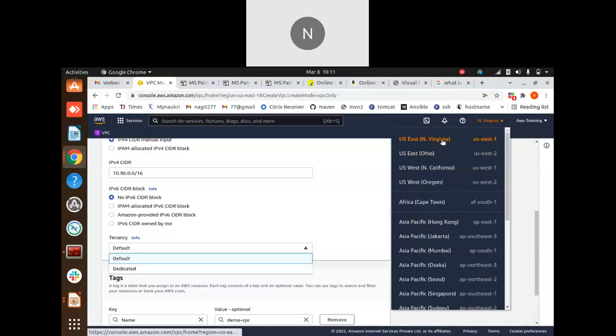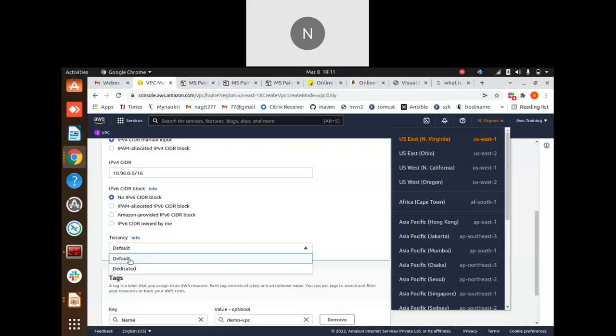When we are buying a server in North Virginia, they will have the cores, the CPU, memory, all the hardware, and they keep it in the North Virginia region. The same core that we are purchasing can be used by other users as well. That will be shared. That won't be dedicated for us.